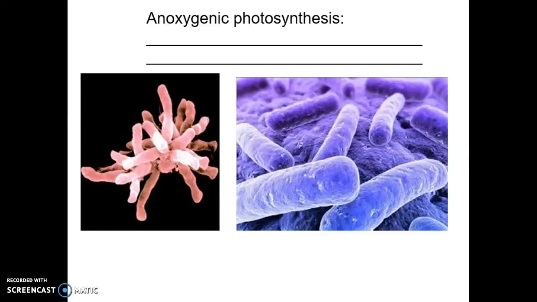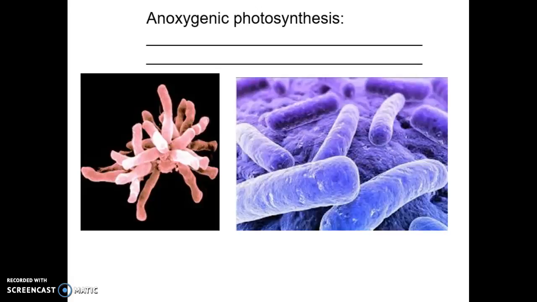Anoxygenic describes photosynthesis in which the electron flow goes in a circle. It's what we'll call cyclic, and the electrons are all transferred back to the single reaction center, and oxygen is not produced. It's the old system, what we call the cyclic system of photosynthesis. Very simple, very primitive. No oxygen is given off during this process.